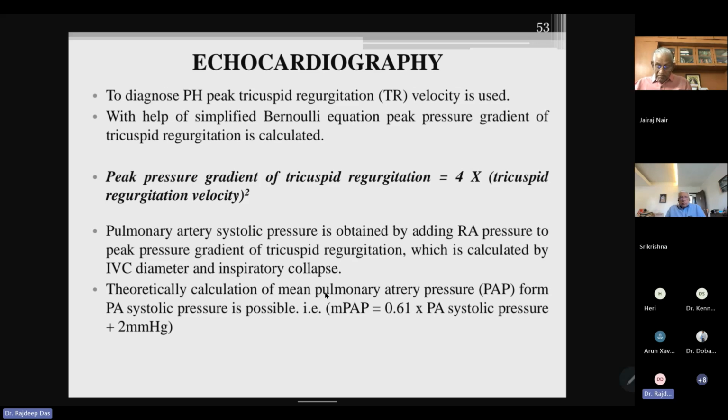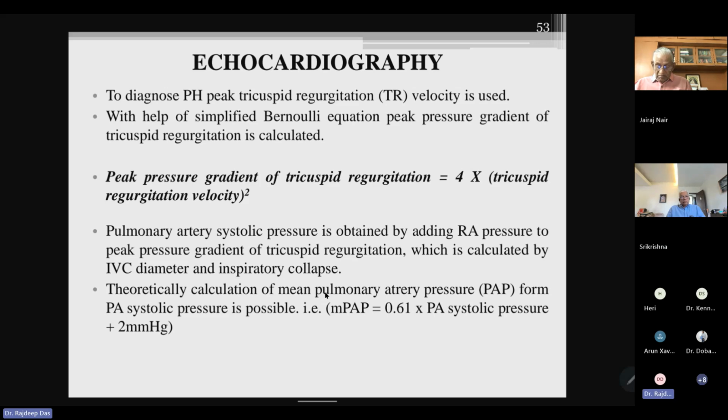The peak pressure gradient of tricuspid regurgitation is 4 multiplied by the tricuspid regurgitation velocity squared. After that, the pulmonary artery systolic pressure is obtained by adding the right atrial pressure to the peak pressure gradient of the tricuspid regurgitation, where the RA pressure is estimated by the IVC diameter and inspiratory collapse.